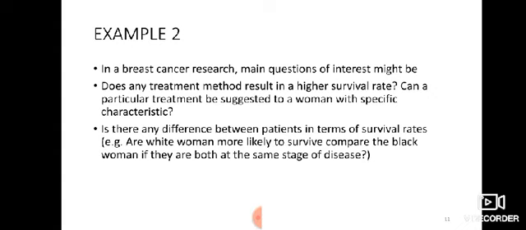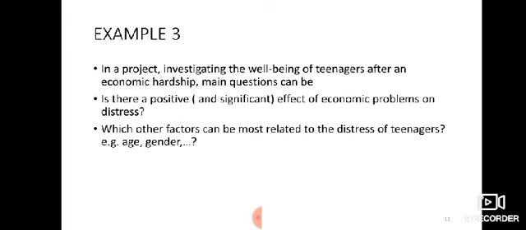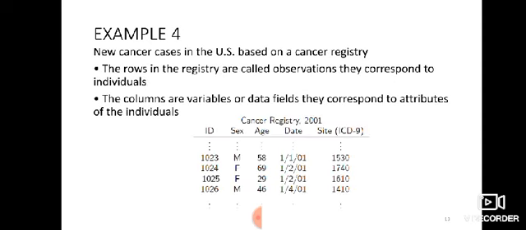Next example: we can investigate the well-being of teenagers after an economic hardship. Is there any positive effect of the economic problems? What other factors are related to the distress of these teenagers? What is their age? What is their gender? And so on.